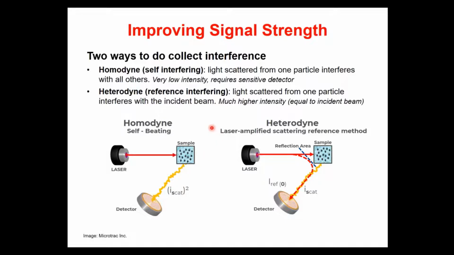If we instead take the light scattered from a sample and allow it to interfere not with its neighbors necessarily, but with the incident light, we get a much different method of forming the interference. We get that beat frequency improvement for one thing, but we also get a much higher intensity signal.